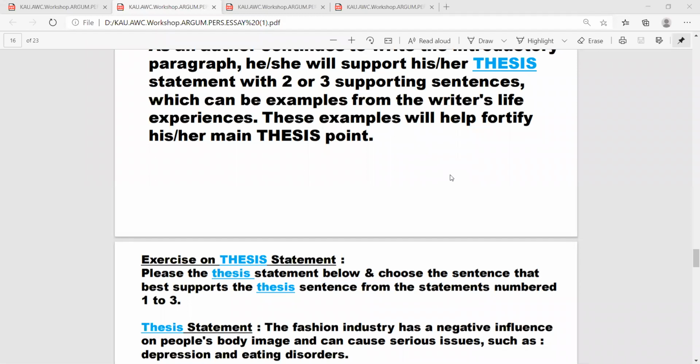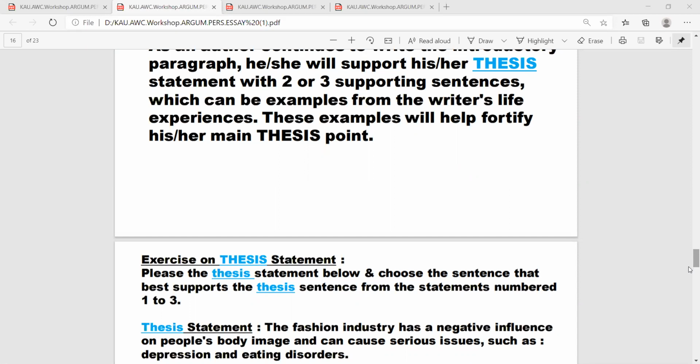Of course, you're not going to say that they did not like it, because that would contradict your thesis point. So obviously, you're going to choose experiences, personal experiences, or experiences that you have witnessed that, of course, are in agreement with your main position. Okay? Right.